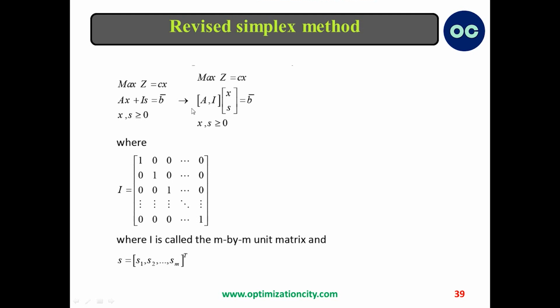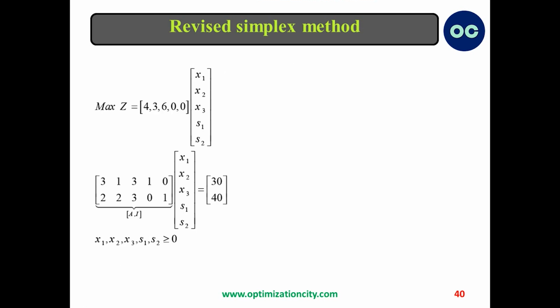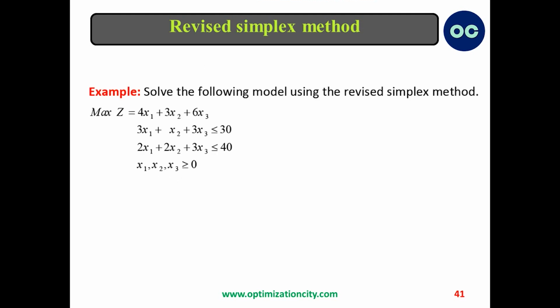So this is the matrix representation of the model with the less-than-or-equal constraints. This is the general form of that model if you want to add the slack variable.